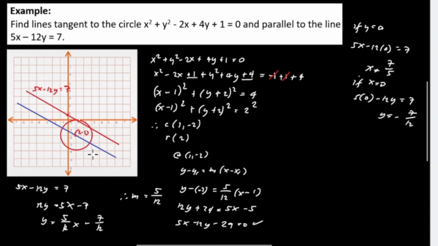And this is the equation of the line: 5x minus 12y minus 29 equals 0.